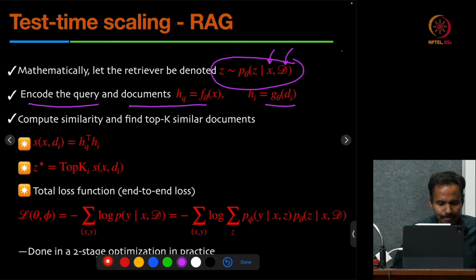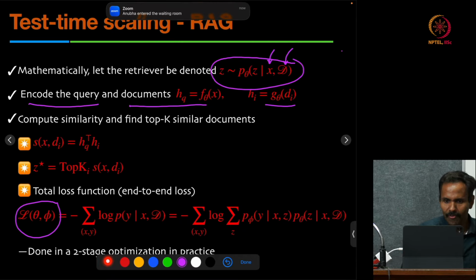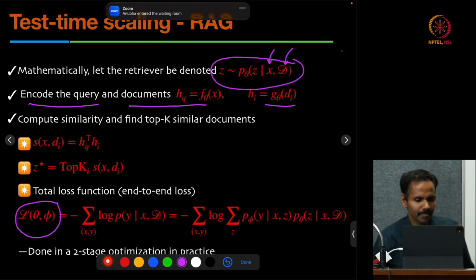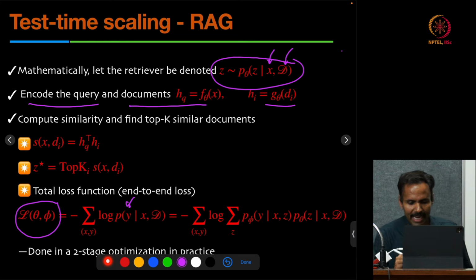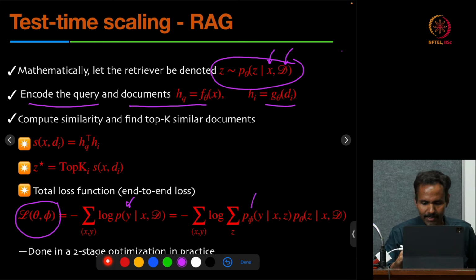So what does the final optimization look like? The final optimization then has two pieces, right? We need to generate the response y, and that is essentially your model, your LLM parameters, say phi.